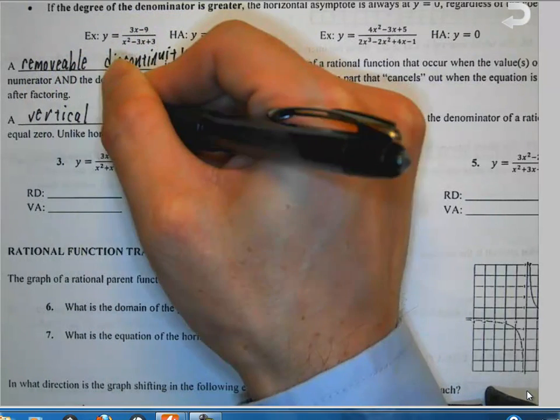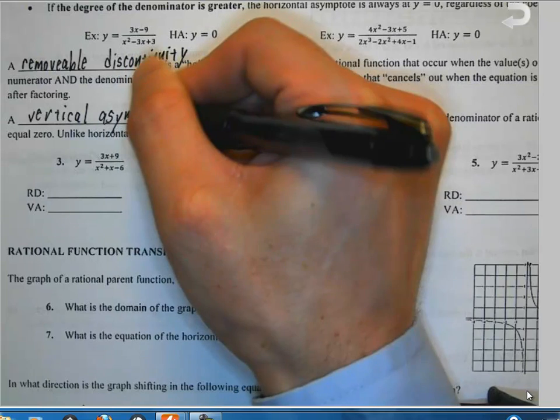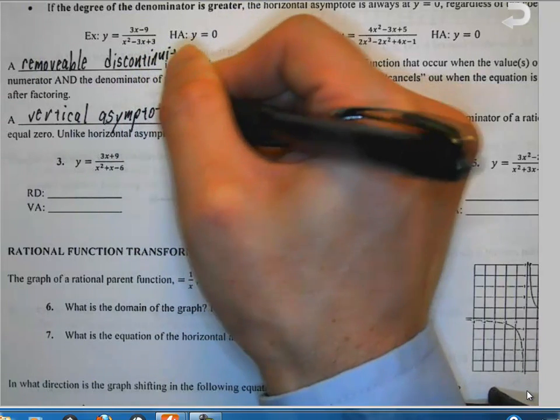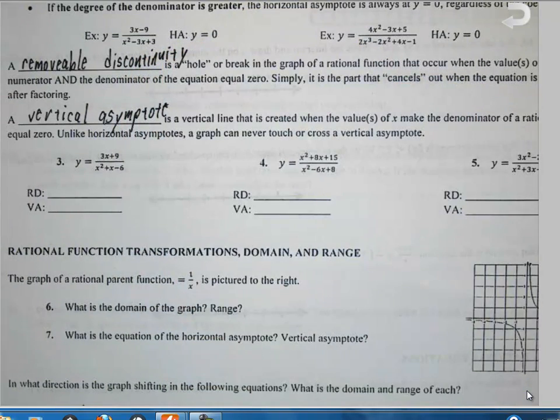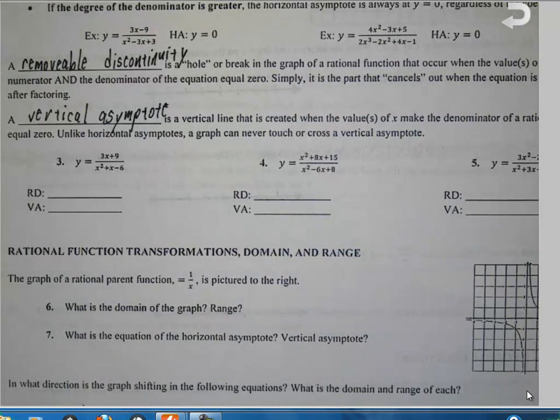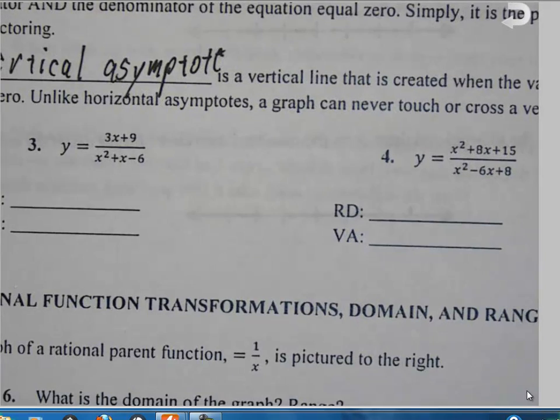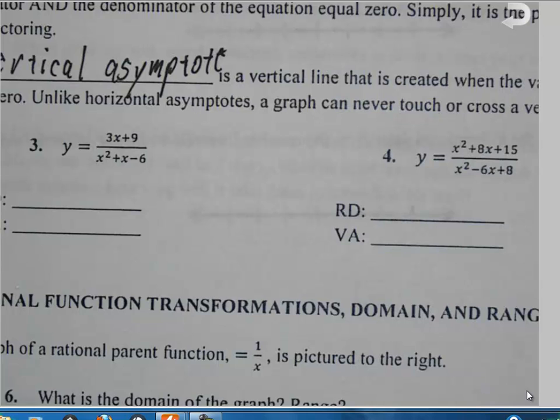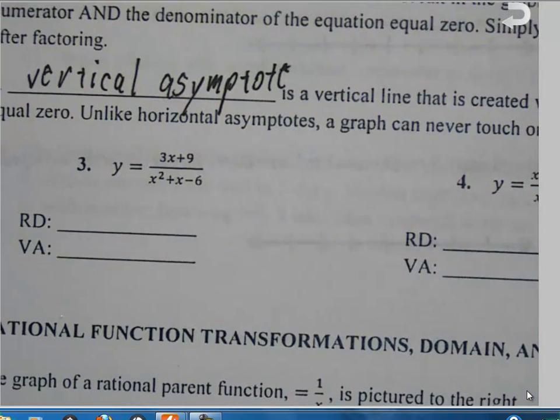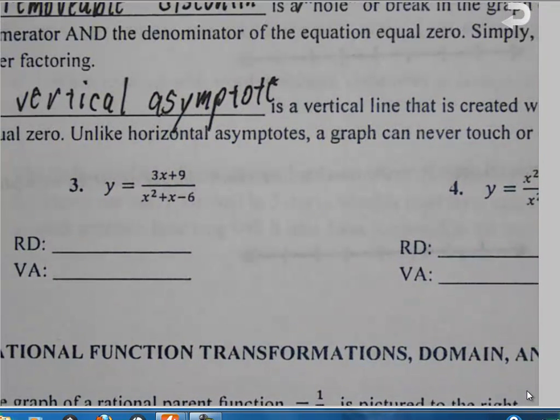Now, below on the review, there are a number of examples that we need to work through in order to get this correctly. So I'm going to zoom back in so we can see number 3 in greater detail. Okay, so number 3. It's asking you to find the removable discontinuity and the vertical asymptote.